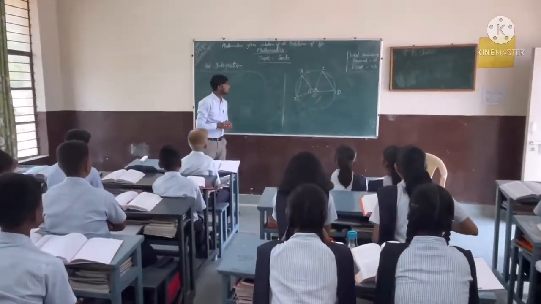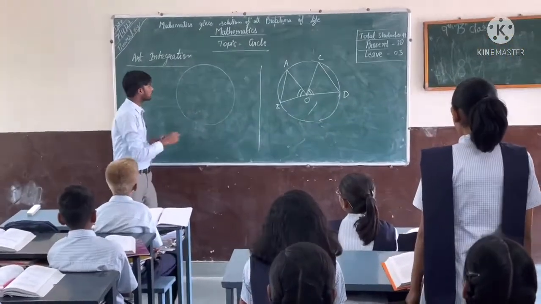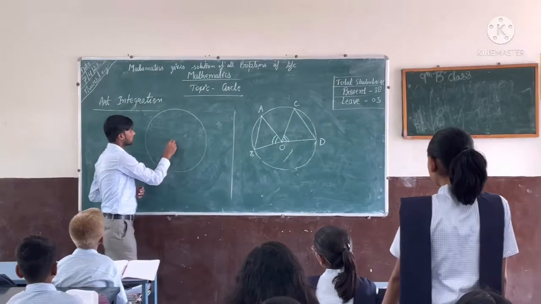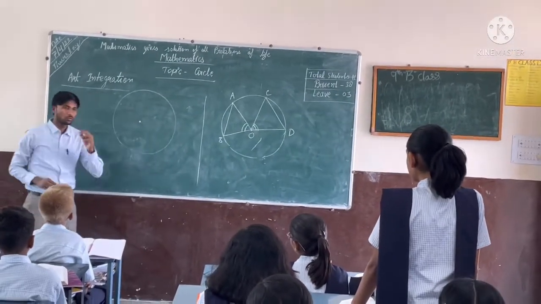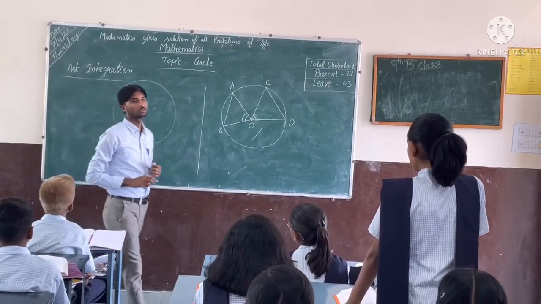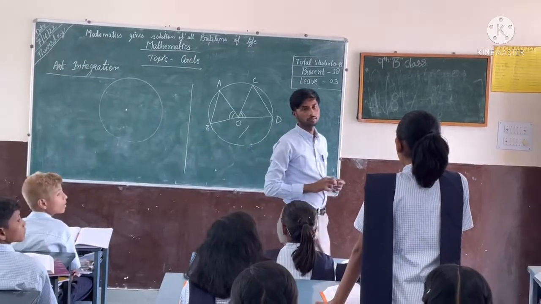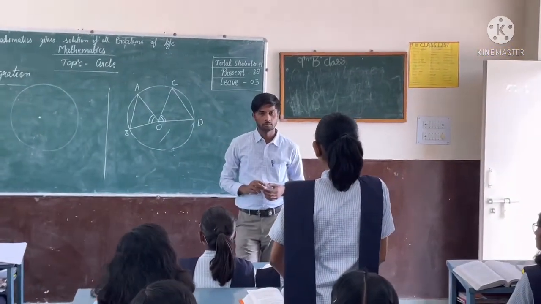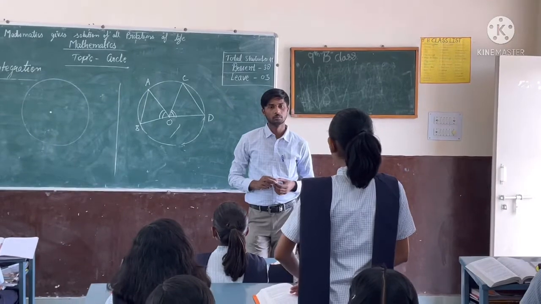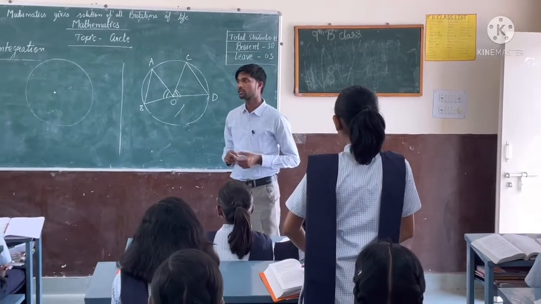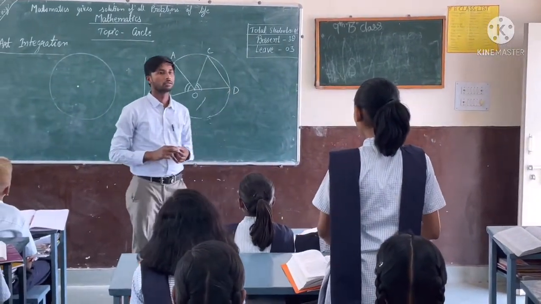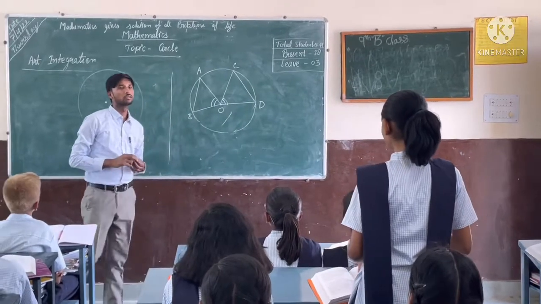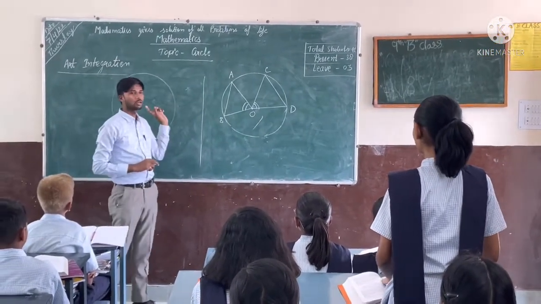Yes, Nishita, stand up please. What is the role of center? How will you explain the center of a circle? By constructing a circle and making arcs, and joining that arc with the point that is called center.